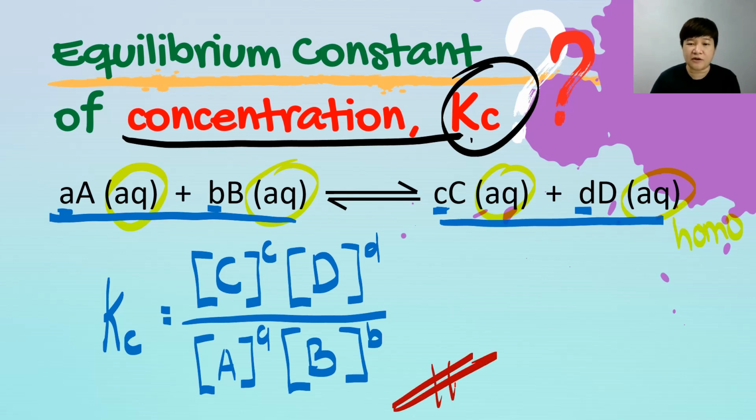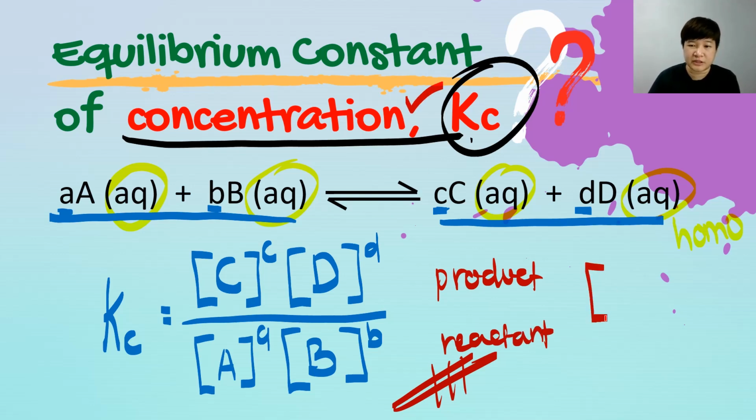And that is how we write the Kc of a certain equation. Bear that in mind, it must be product over reactant. And since it's a concentration, therefore the bracket that you use must be a square bracket to define concentration.